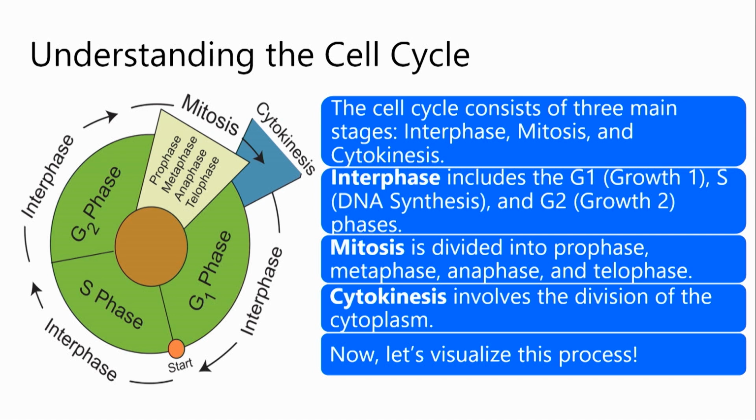And what I want you to remember here is just this little acronym called PMAT. P-M-A-T. If you can remember PMAT, you'll be able to remember the 4 phases of mitosis, okay? And then after mitosis, or really almost in conjunction towards the end of mitosis, the last part of the cell cycle will start up, and that's called cytokinesis.